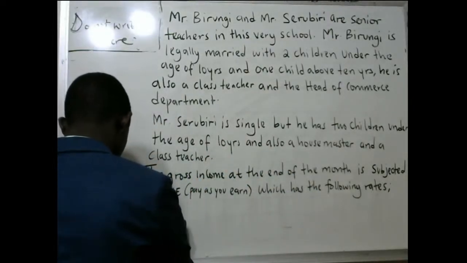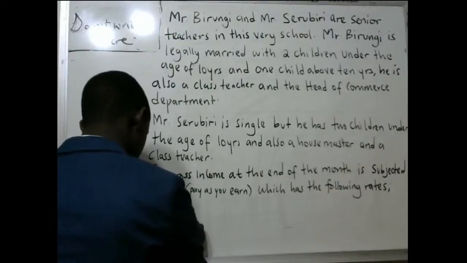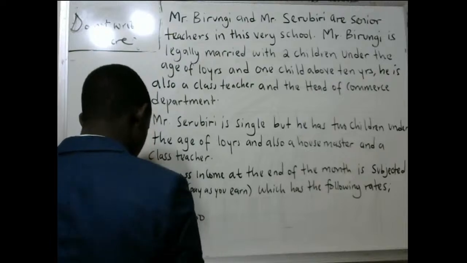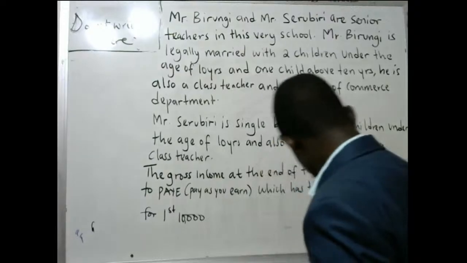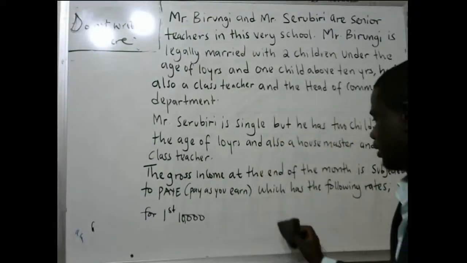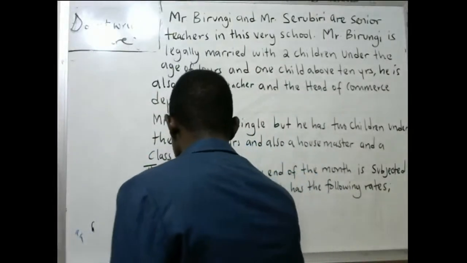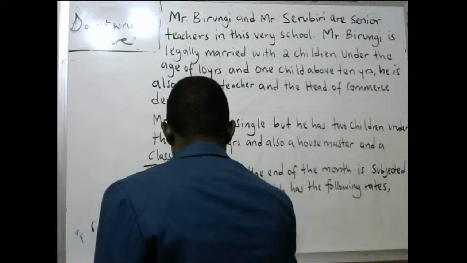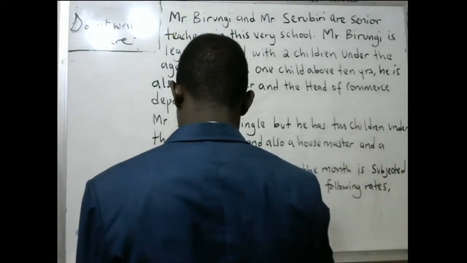For the first 10,000 shillings of your gross income, okay?